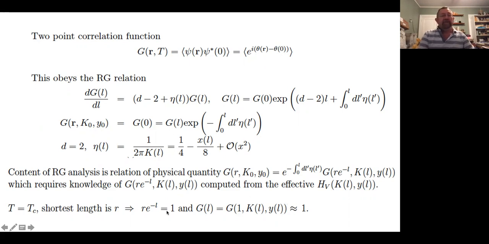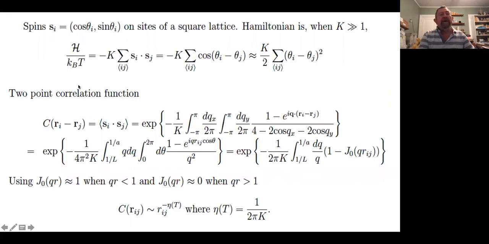So in other words, what we have is the two-point correlation function is just going to be this thing.